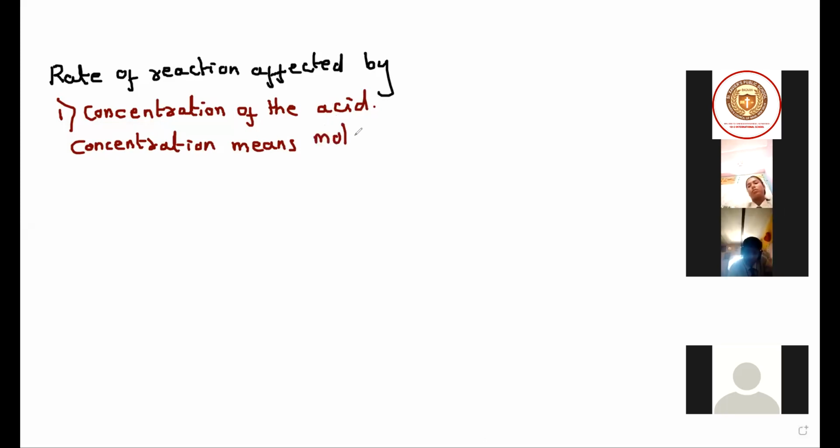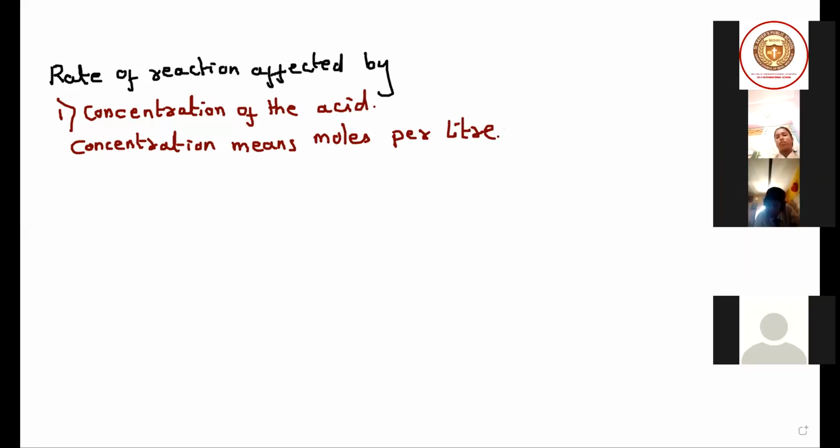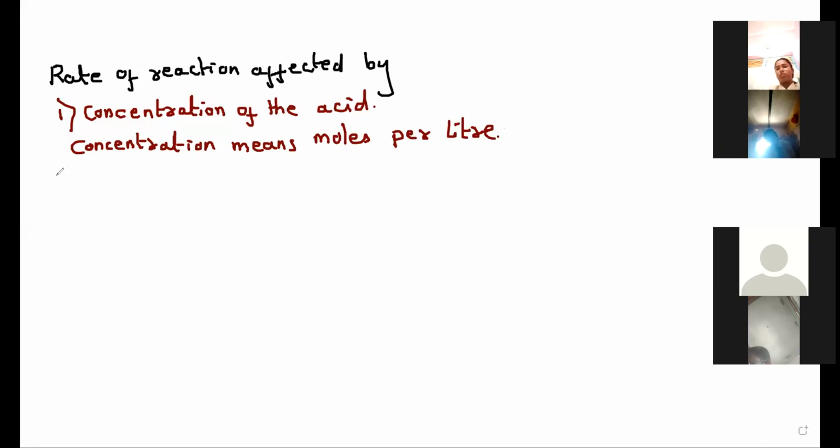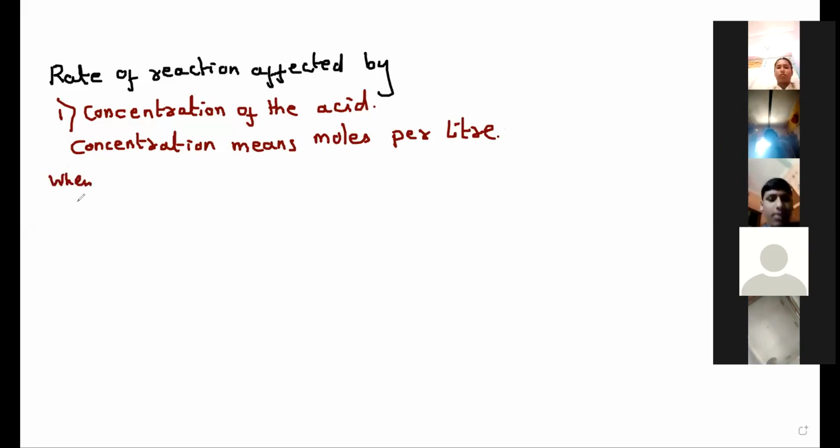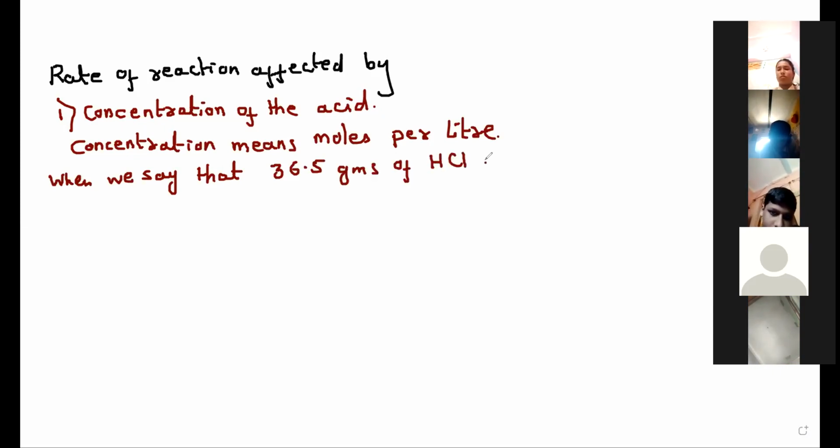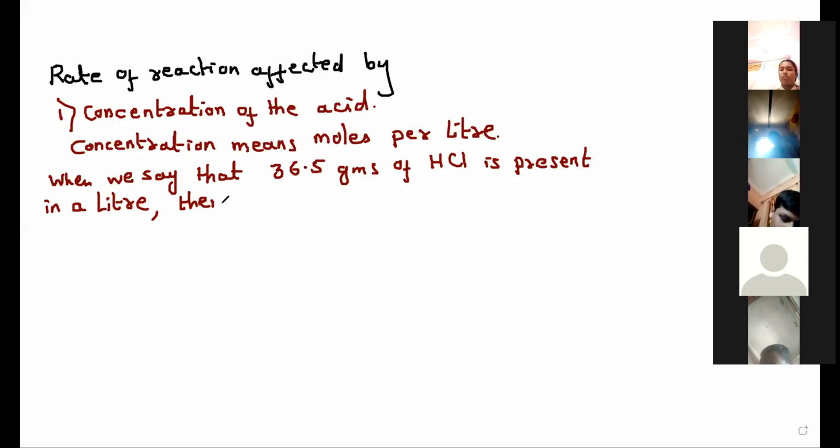Concentration means moles per liter. Please understand this carefully: when we say that 36.5 grams of HCl is present in a liter, then it is 1 mole per liter.